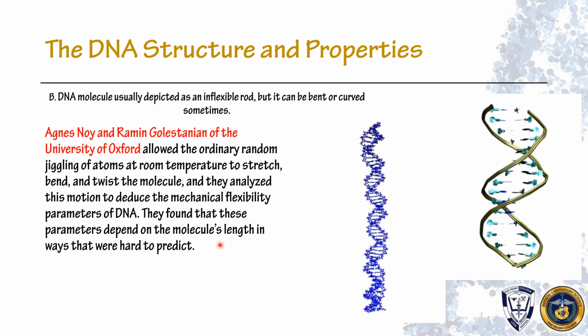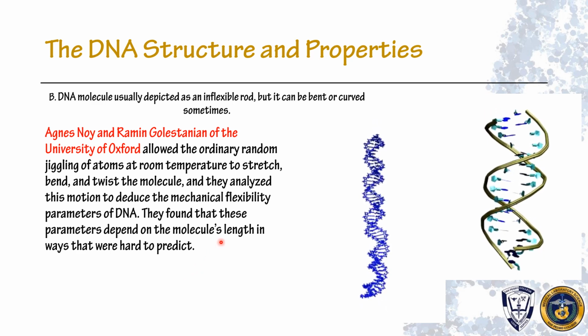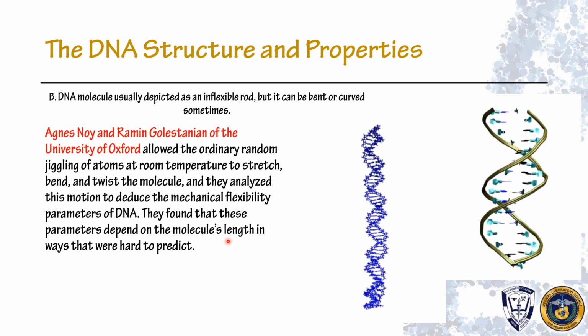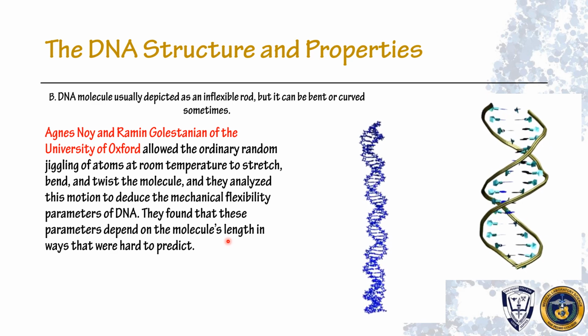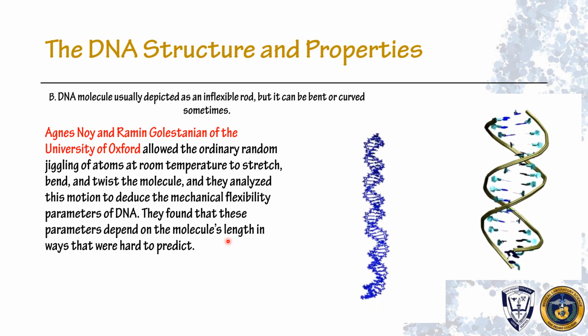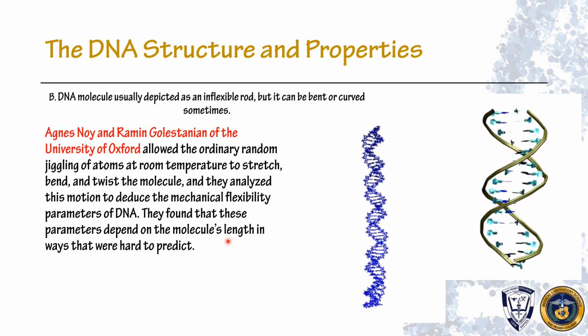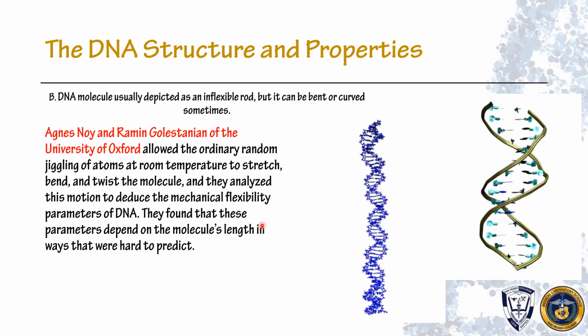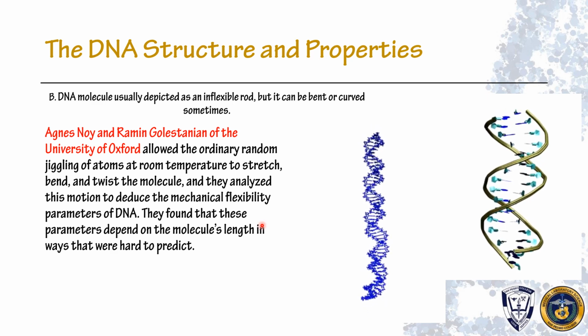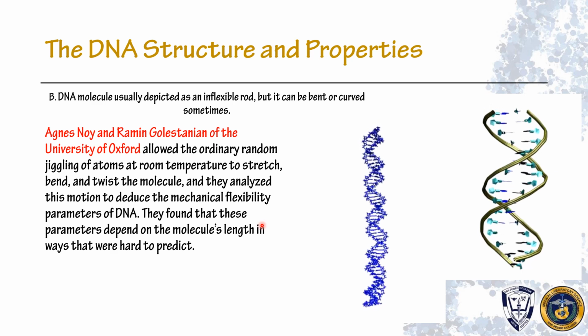In terms of the length, the flexibility of the DNA at the atomic scale actually depends on its length, no? So the long stretch of DNA is resistant to bending, and then the short strands are more flexible.